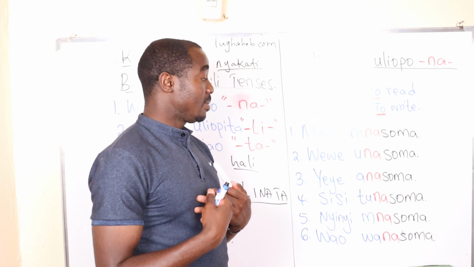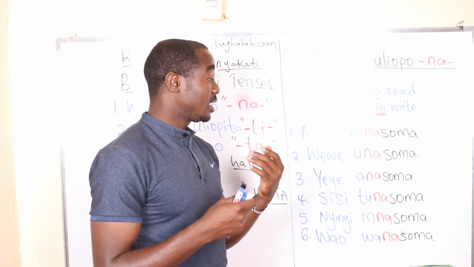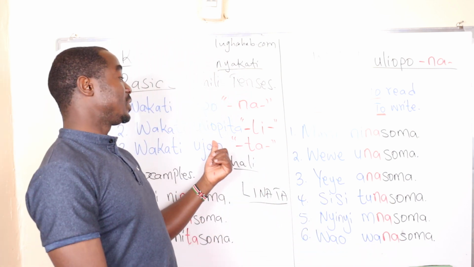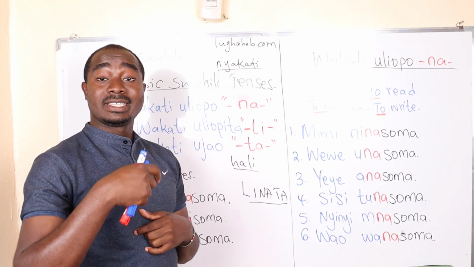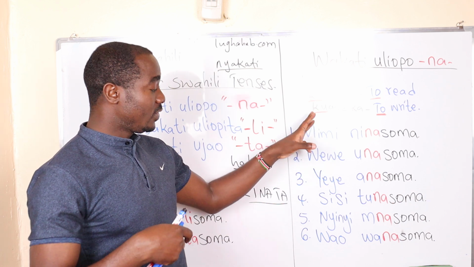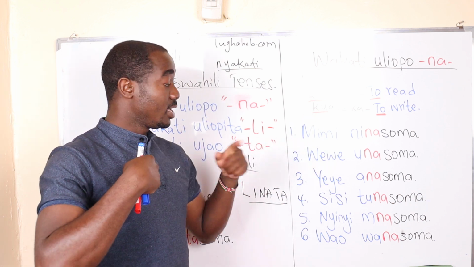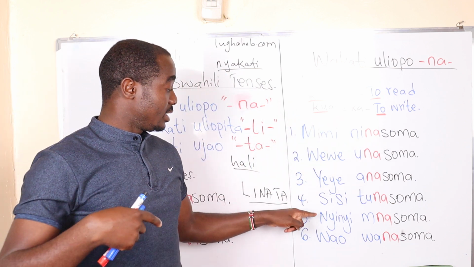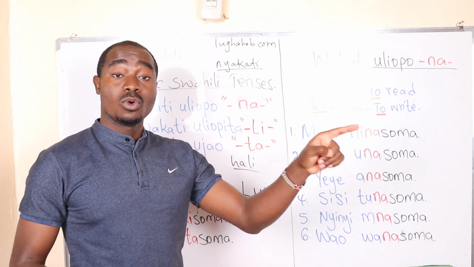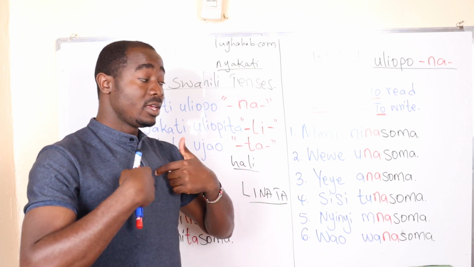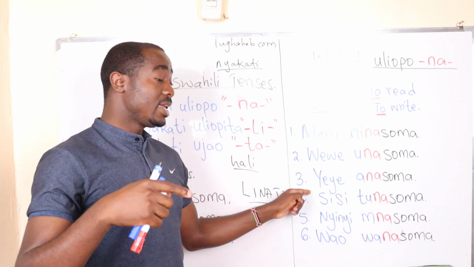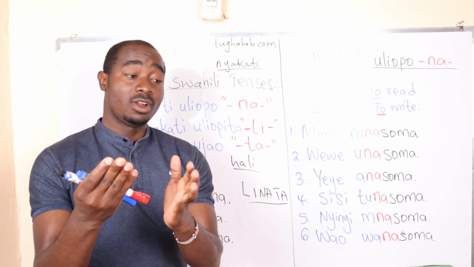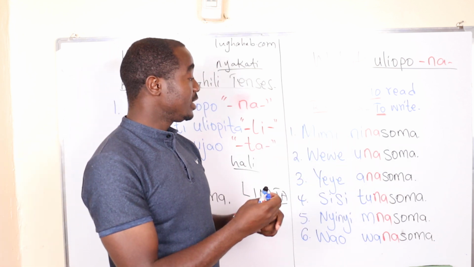Mimi is me. Remember, in Swahili, words and other types of words are sometimes represented by the prefixes only. Like here we talked about these prefixes that represent the tenses. Now here we have the personal pronouns. Mimi, wewe, yeye, sisi, nyinyi, and wao. So mimi, me, wewe, you, yeye, him or her, sisi, we, nyinyi, you all, and wao, they.